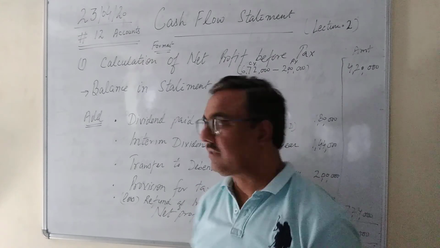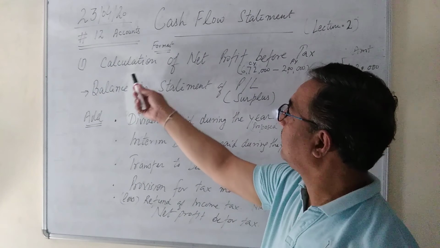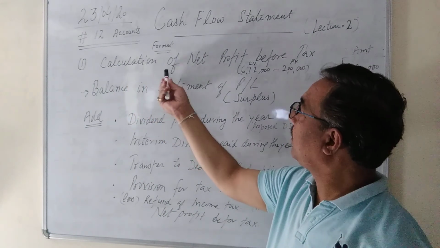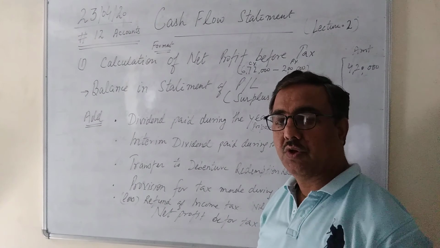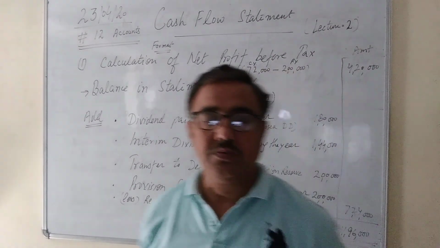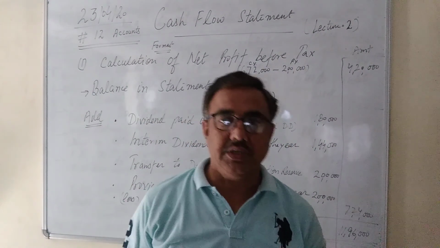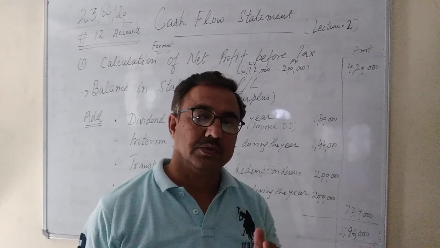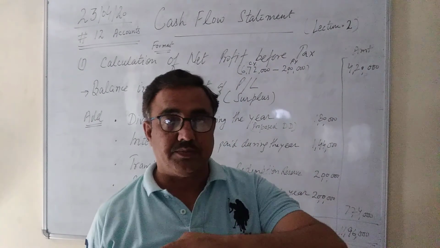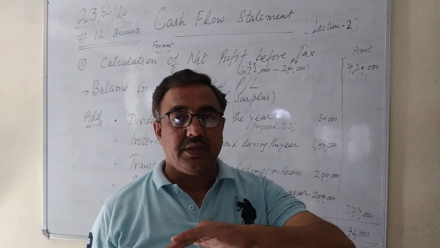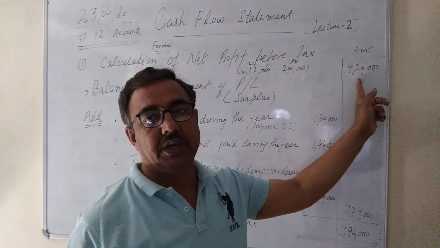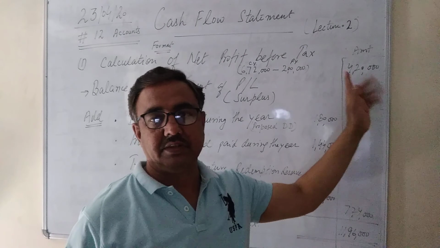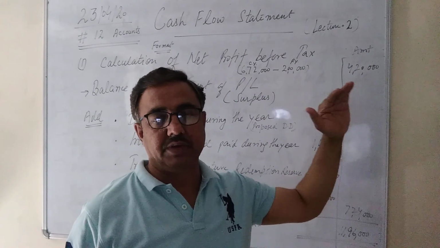The very first thing which we have to calculate is the net profit before tax. For this, I told you that from the closing year, we have to subtract the previous year's profit. If it is in plus, we get the value in plus. If it is in minus, we will get the value in minus.